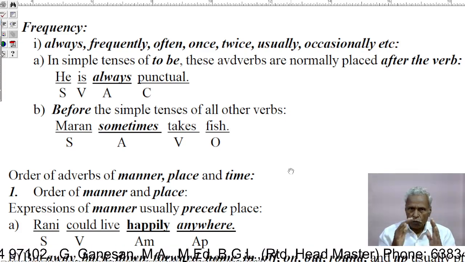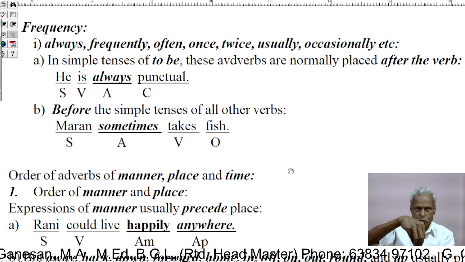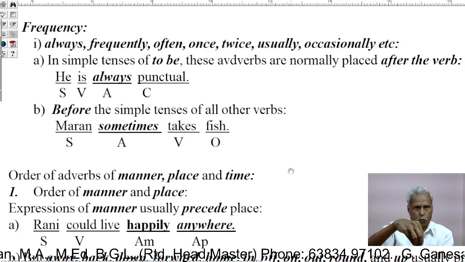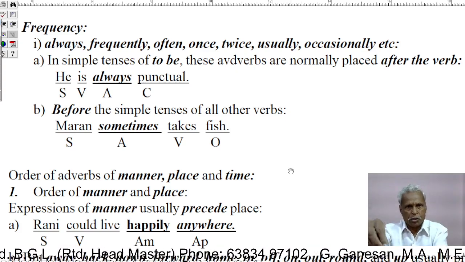Example: he is always punctual. He is punctual is a sentence. Then we place always, the adverb of frequency: he is always punctual.